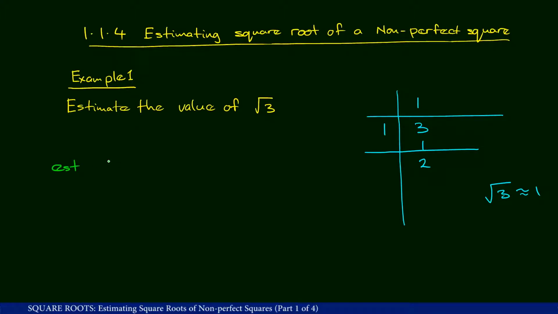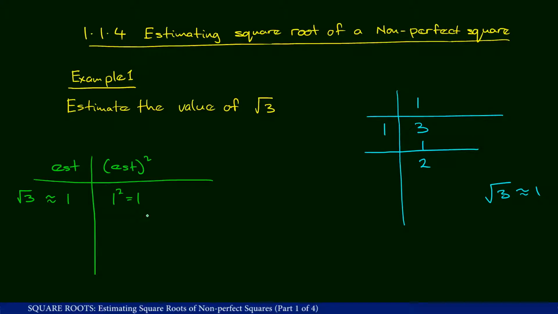Our estimate, and what is the estimate squared? The first result is square root of 3 roughly equal to 1. So 1 squared is equal to 1.